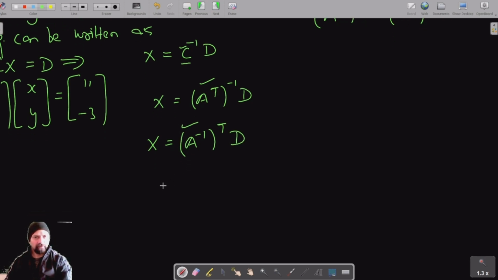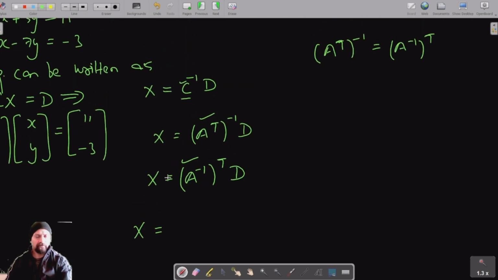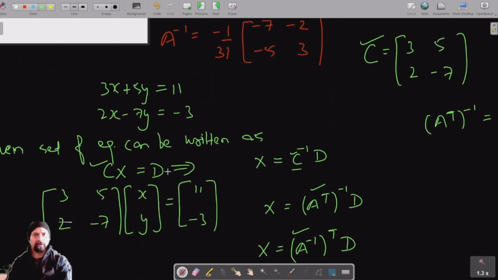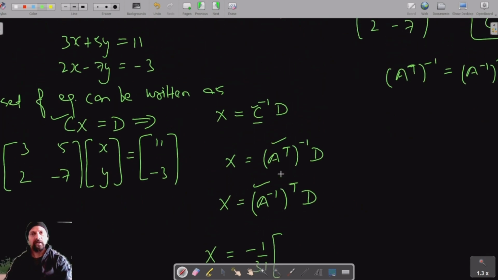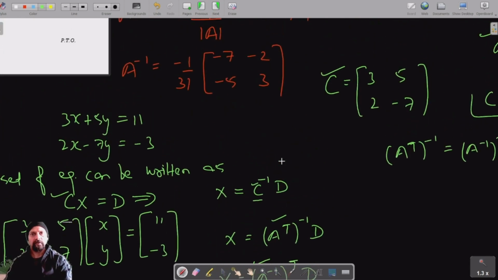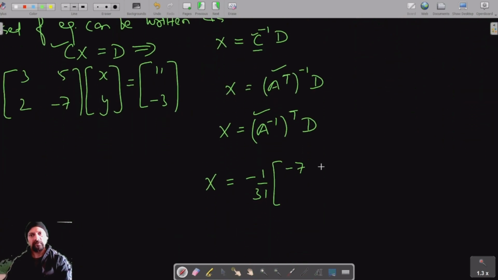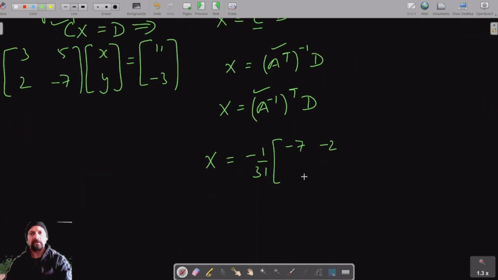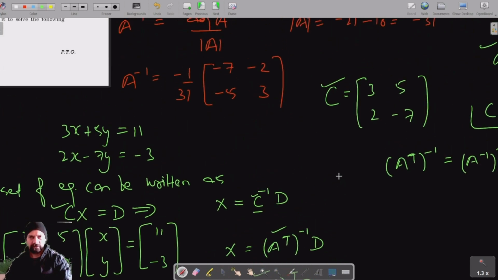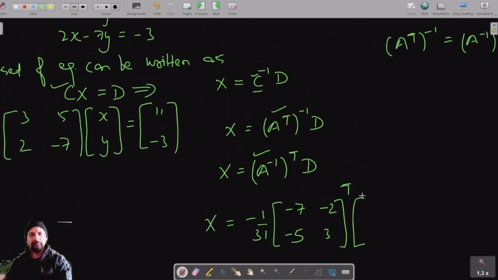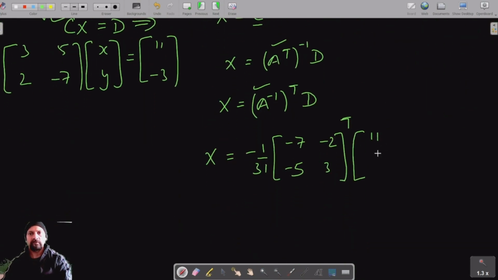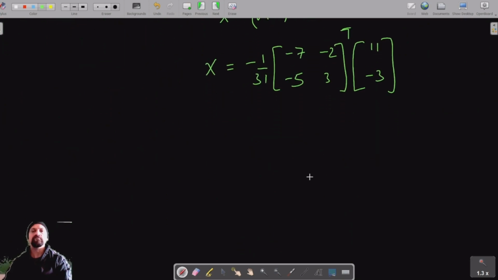Now we know the value of A inverse, so let's put in the value of A inverse, which is minus 1 by 31 times minus 7, minus 2, minus 5, 3, and we have to find its transpose into D. D is 11, minus 3.